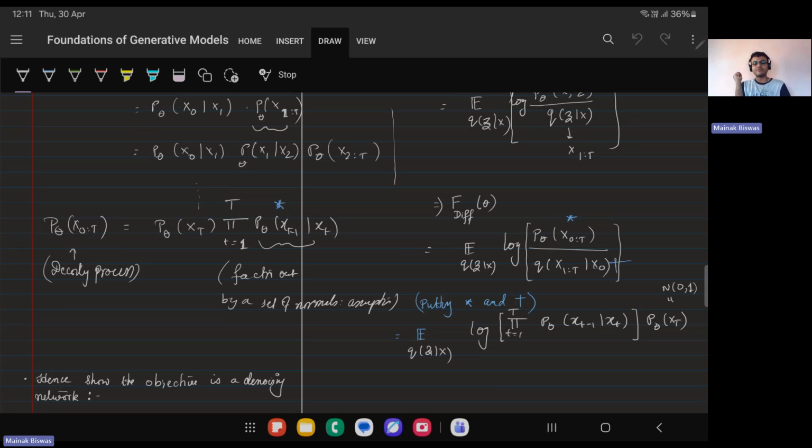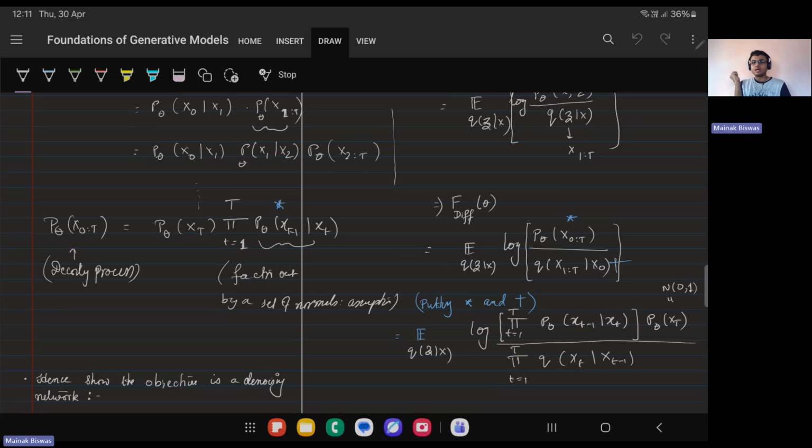This is the assumption that the marginal distribution at the end of time is going to be normally distributed. Once I do that, the denominator also is a product, as we have written from the dagger term, over t equal to 1 to capital T of q of xt given xt minus 1. This is what I'll get.